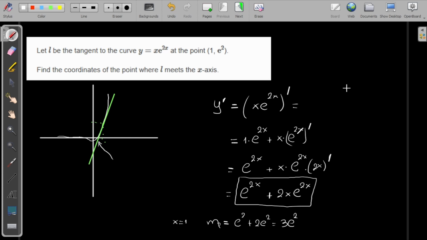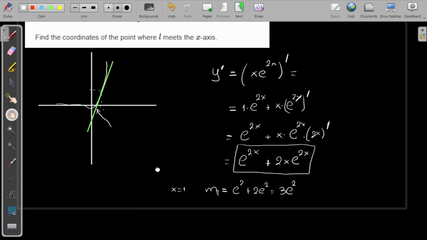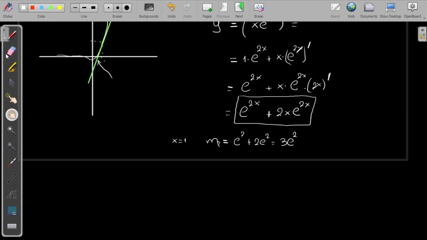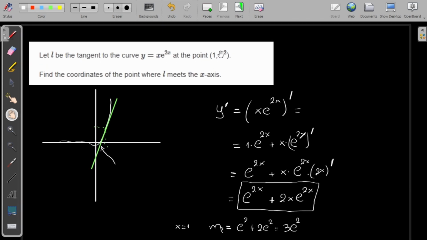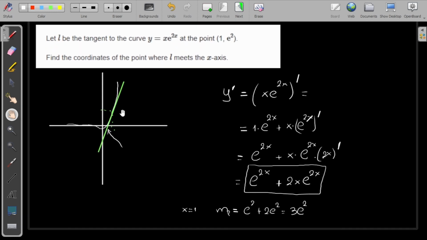So the line is going to be y equals mx plus c. So y equals, how much is m? 3e to the power of 2 times x plus c. Now to find c, I have to substitute one of the points that I have, because the line passes through (1, e squared).